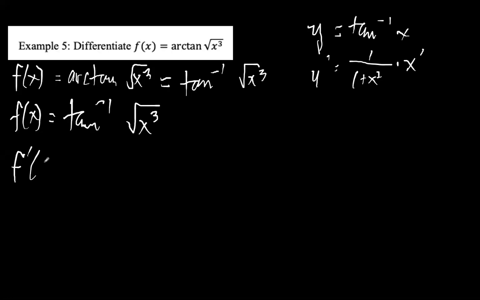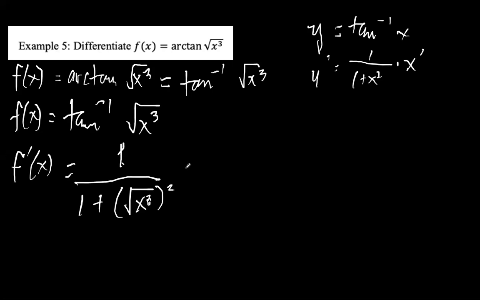So the derivative of f of x is equal to 1 over 1 plus the square of the x, which is the square root of x cubed squared, times the derivative of the x here, which is the square root of x cubed prime.